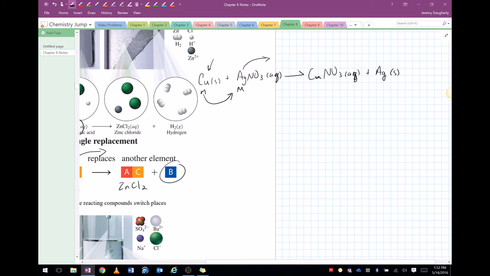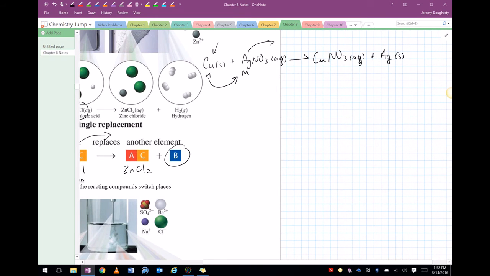Now let me show you one where you do have to know the charge. So let's take magnesium, and let's put that into some nitric acid, HNO3. Okay, again, here's the metal. Hydrogen is the cation, so we're going to say it's the metal, even though it's not actually a metal.